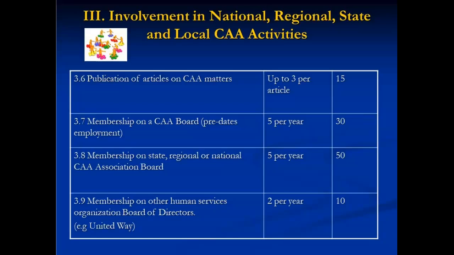3.9 is for persons who might be on the board of another human services kind of organization, like United Way, or maybe your county has a food program.